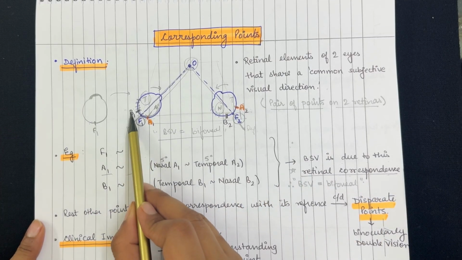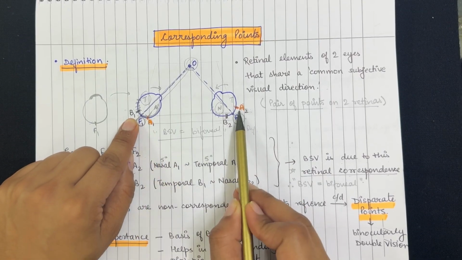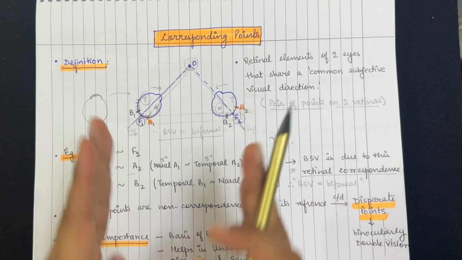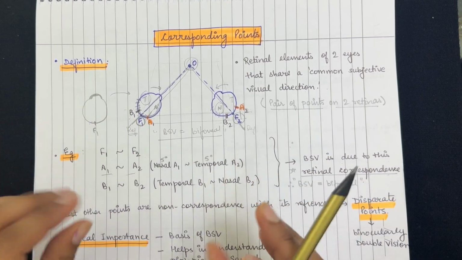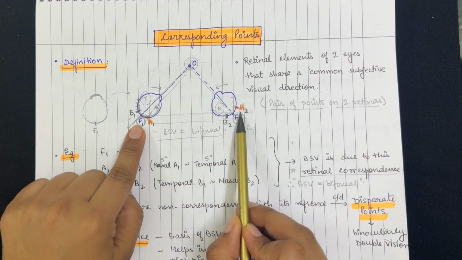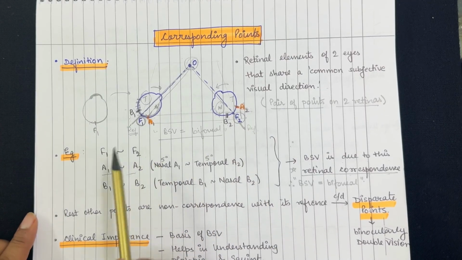Suppose the image of B1 falls on A2; these are non-corresponding points. The brain will not recognize this image clearly. So these are two disparate points. These non-corresponding points are called disparate points, and because of this diplopia occurs.